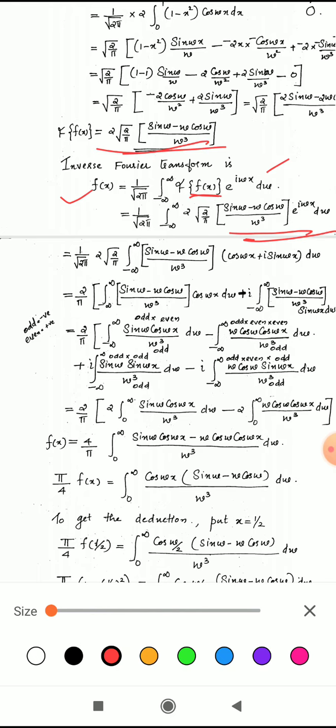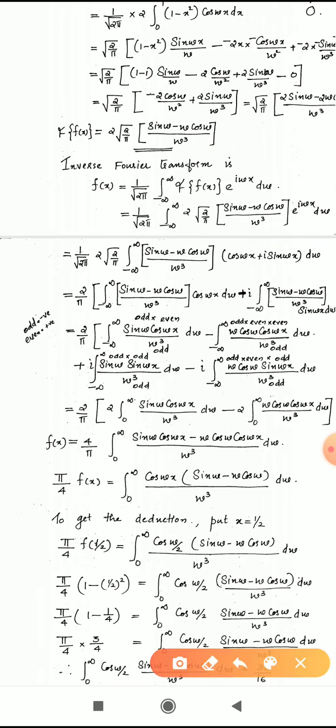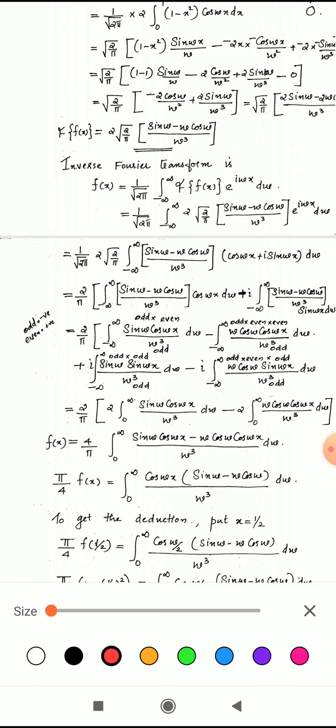Here the interval limit is minus infinity to infinity, of (sin omega minus omega cos omega) by omega cube. Here also e raised to I omega x can be written as cos omega x plus I into sin omega x, d omega. Then next step, separate the terms. We have two terms, and check whether the function is odd or even in both the terms.